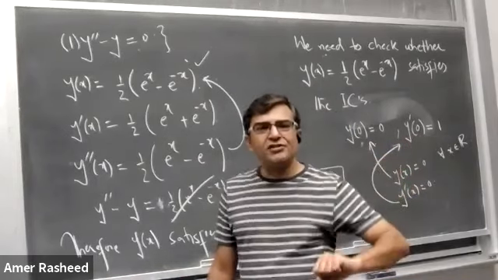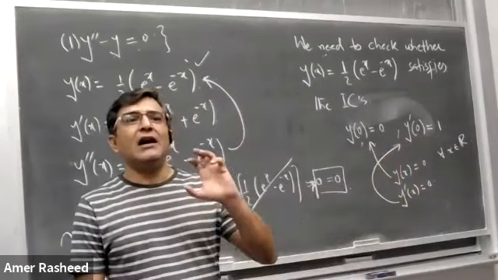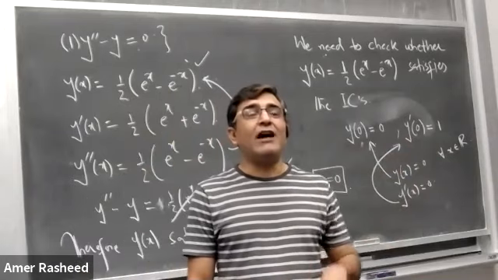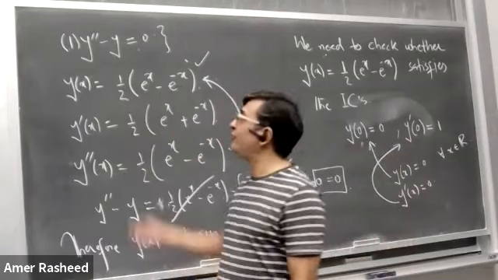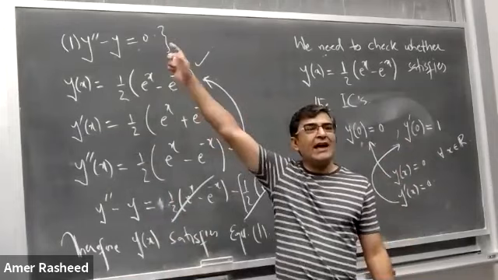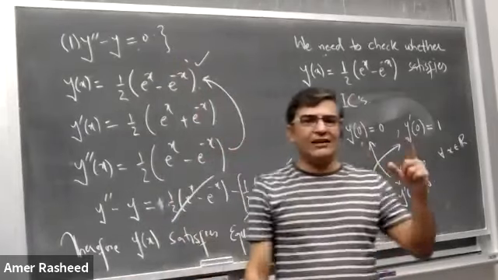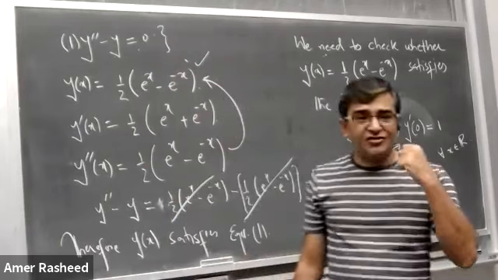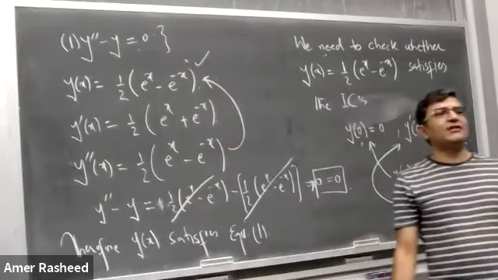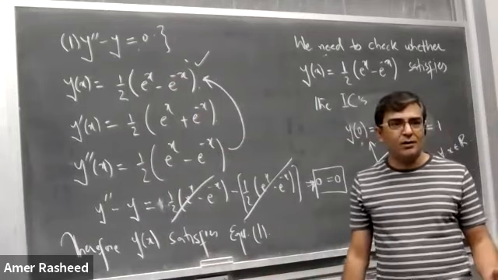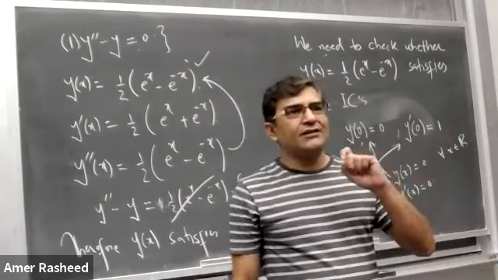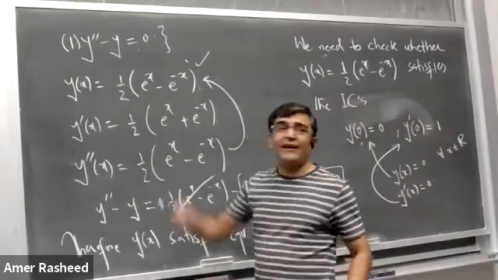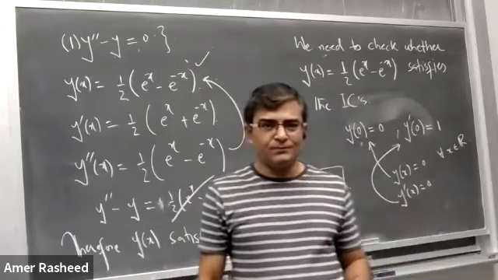So if we have a homogeneous differential equation, then y is equal to 0 is always a solution of the equation. But if we have initial conditions along with it, we have to be very careful in saying that y is equal to 0 is a solution of the initial value problem, because the solution should satisfy the initial conditions also.